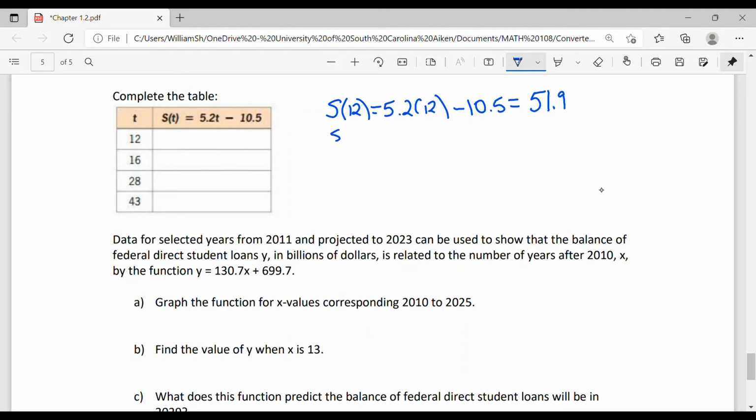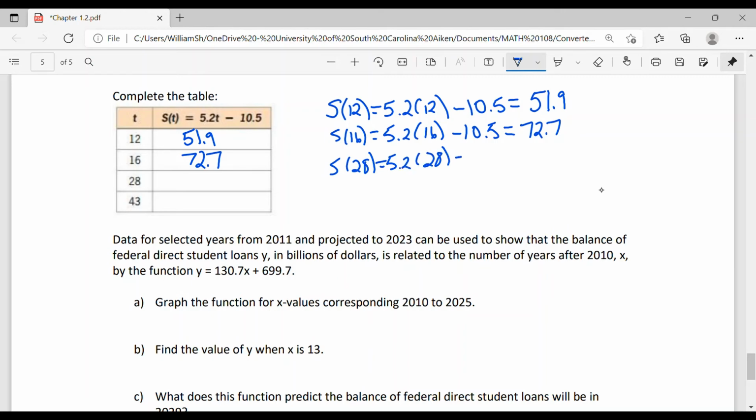So 51.9 would go here. You would next have to do s of 16, which is 5.2 times 16 minus 10.5. So 5.2 times 16 minus 10.5 is 72.7. So that will go here. We will do it for 28 as well. So s of 28, that's 5.2 times 28 minus 10.5.